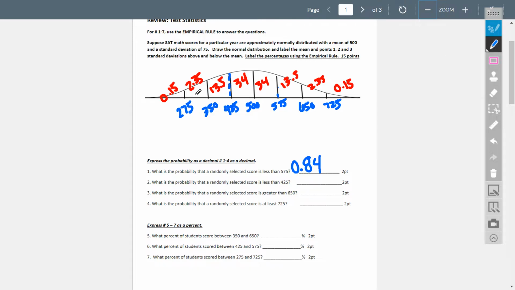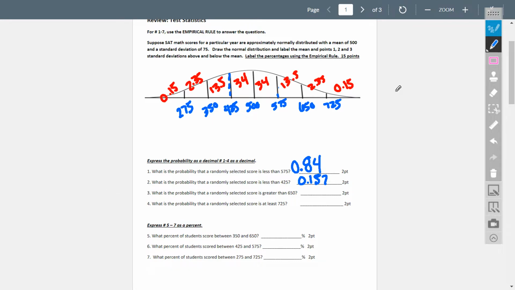We got 13.5 plus 2.35 plus 0.15. So that is 15.7% or 0.157.